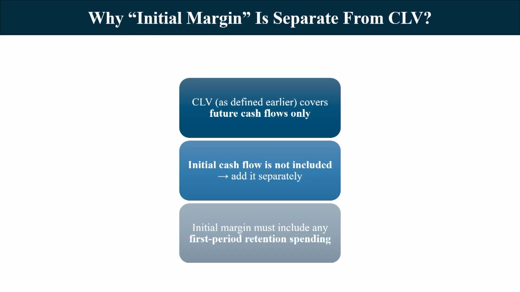So what we need to do is add it to the customer's lifetime value whenever we are talking about the total value that can be derived from a customer. At the same time, we need to take into consideration that initial margin must include any first period retention spending. There is a possibility that in the first transaction itself, or before the first transaction, there can be a customer related cost associated.